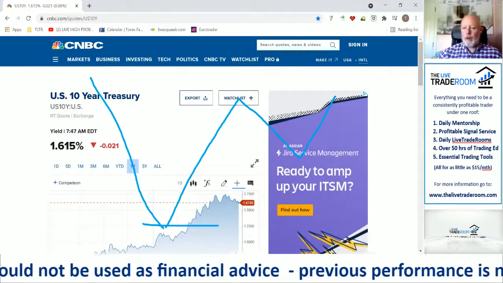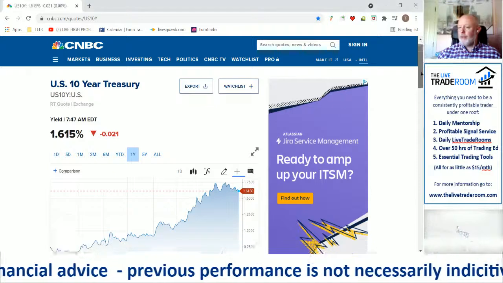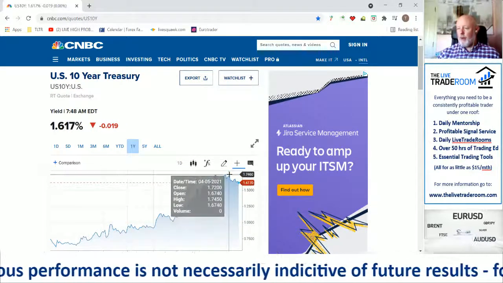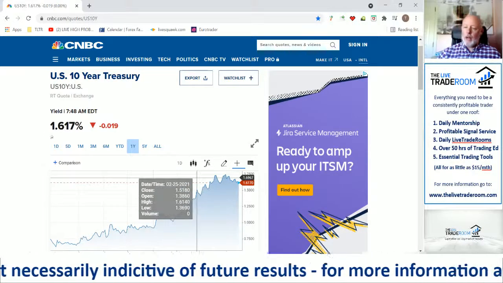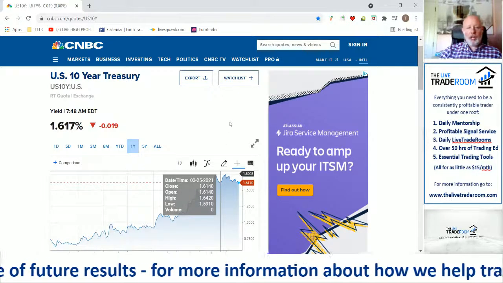You may have heard an awful lot about that in the news recently. So we're in this softening yield environment. A couple of weeks ago we were up at 1.75, and now we're down at 1.61. So that's taking a little bit of pressure out of the system.